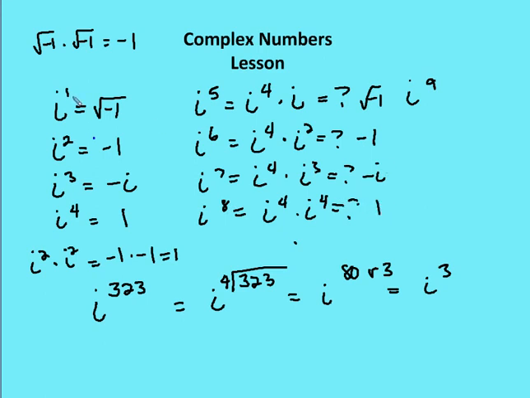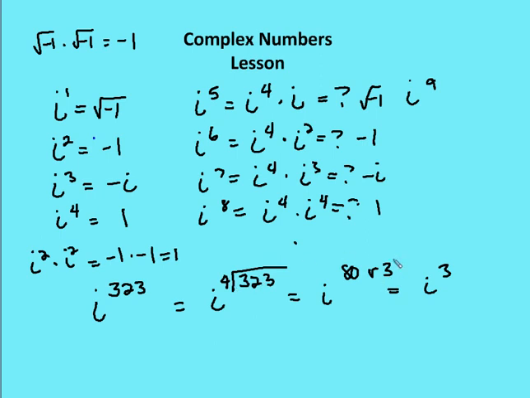So the pattern here is that every fourth exponent, in numerical order, the result of the i value with the exponent repeats itself. So if you wanted to find the value of i to the 323rd, you divide longhand 4 into 323.